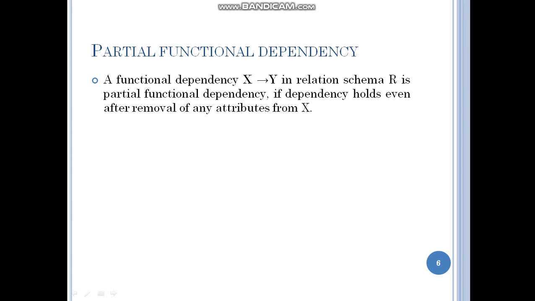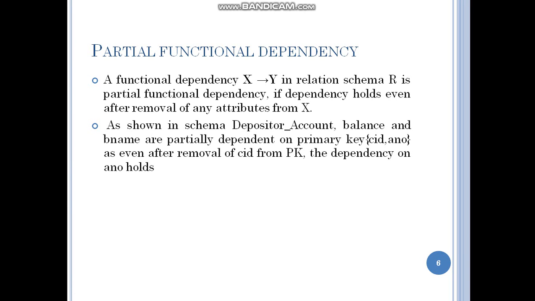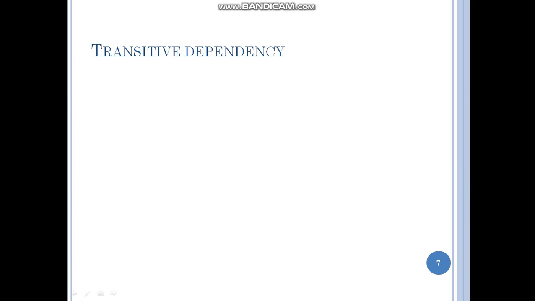A functional dependency X → Y in relation schema R is a partial functional dependency if the dependency holds even after removal of any attribute from X. As shown in the schema depositor account, balance and branch name are partially dependent on the primary key, customer ID and account number, as even after the removal of customer ID from the primary key, the dependency on account number holds.